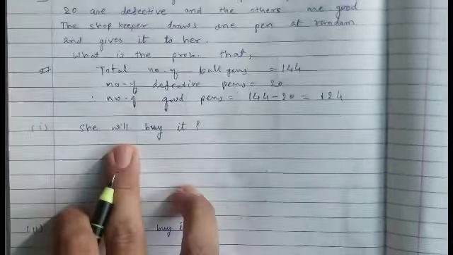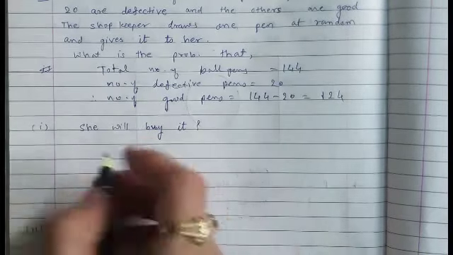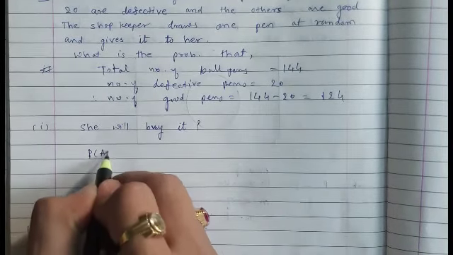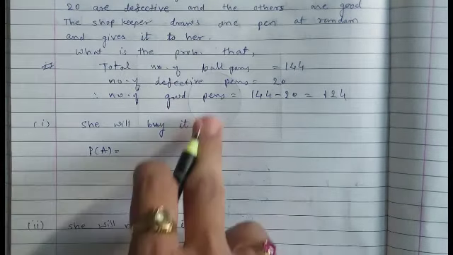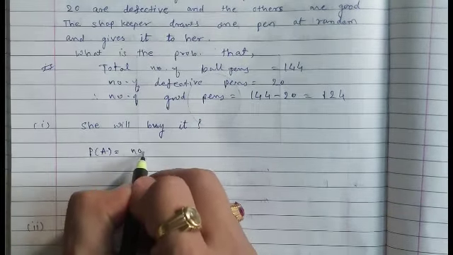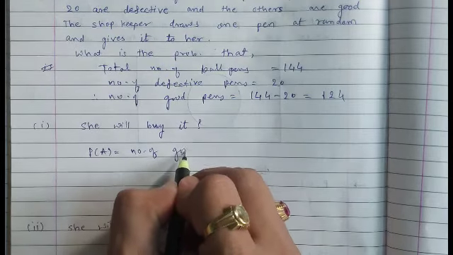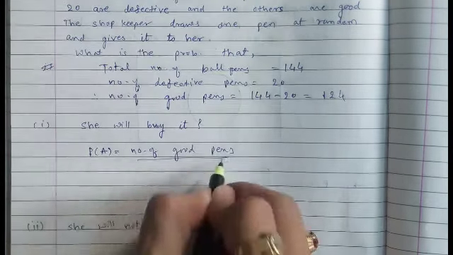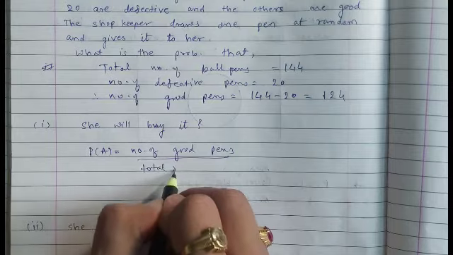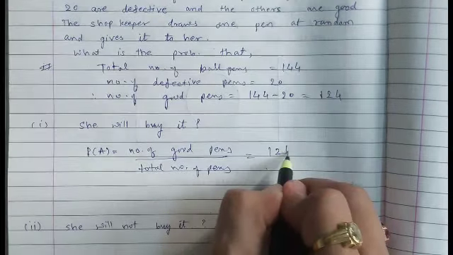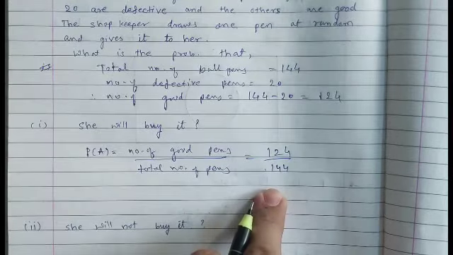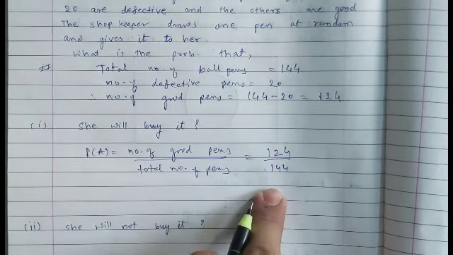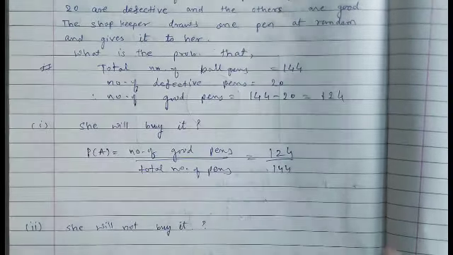Now the probability that she will buy this pen, suppose I call it P of A. She will buy it only if it is a good pen. So P of A is the number of good ball pens upon the total number of pens, 124 divided by 144. So your answer is 124 upon 144. We can get its reduced form.